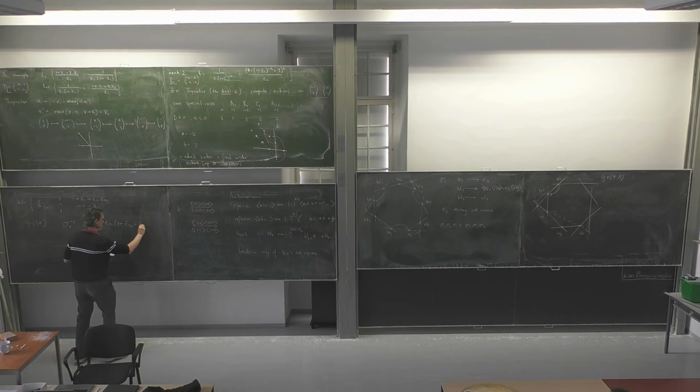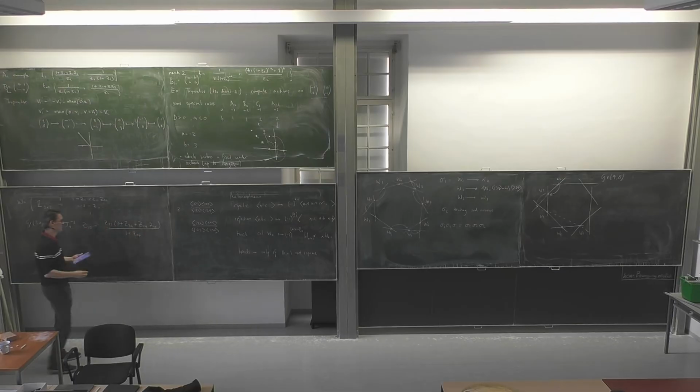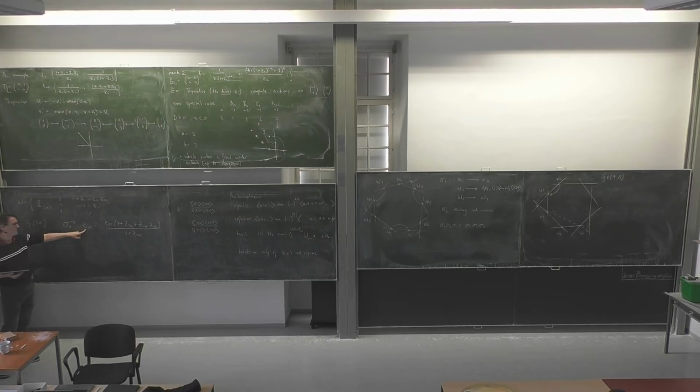Get this simple rational function. That's the thing that I want to tropicalize for that entry. And I do the same for every entry, every variable in every node in the quiver diagram.